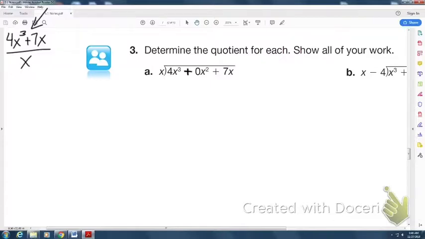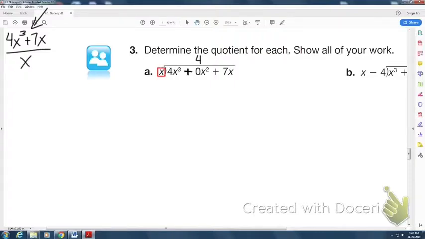So, on this, Dylan, what is the only thing I'm going to divide by here? X. So, Dylan Taylor, what is 4x cubed divided by x? It's 4. But what is x cubed divided by x? So what's 3 minus 1? 2.